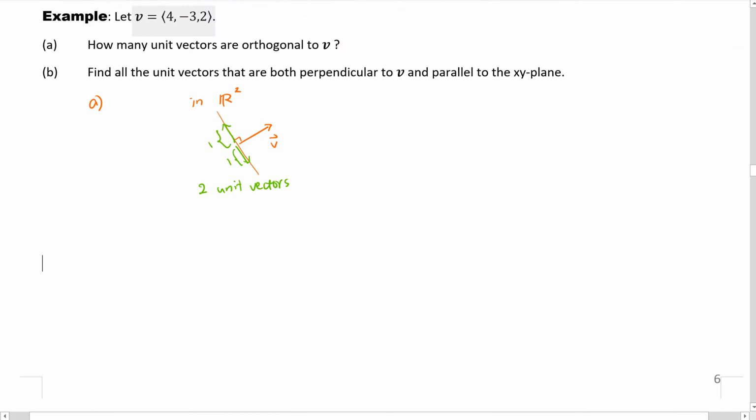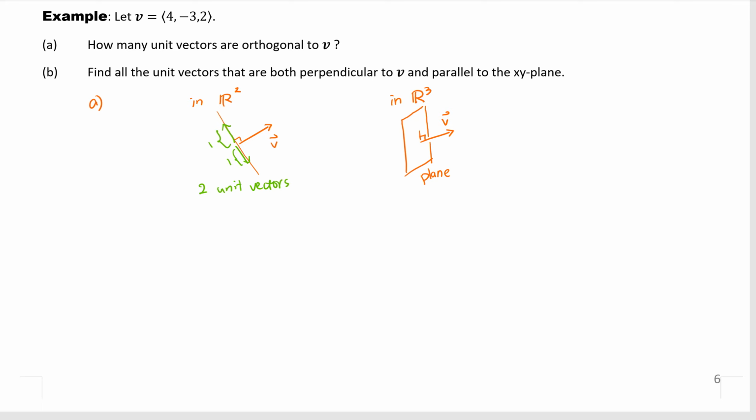Okay, how about R3? How many unit vectors are there orthogonal to v? Well, we have v here, but we can actually have a plane that is orthogonal to v. So this vector is normal to the plane, and every vector on this plane is orthogonal to v.